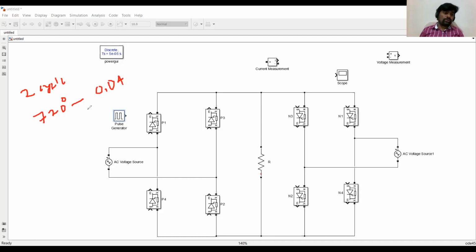So if I want to trigger at 30 degrees, then I need to write it as 0.04 divided by 720 into 30 degrees. That value I need to adjust here in the pulse generator.